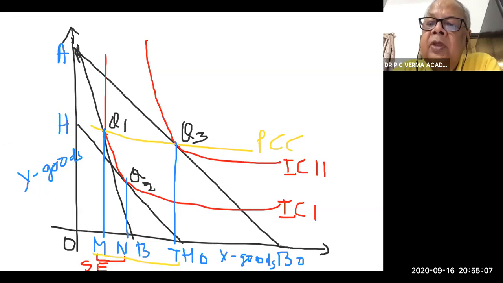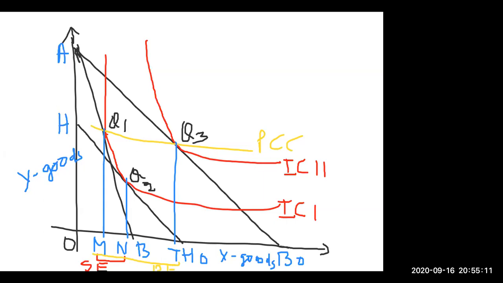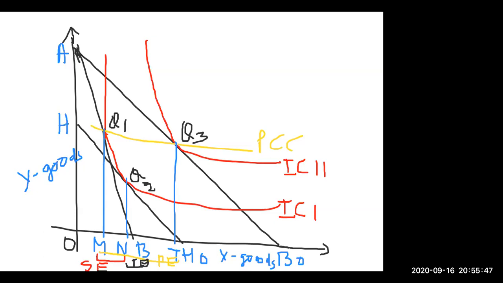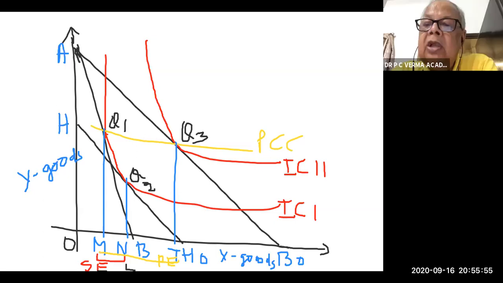This is called the price effect, PE. And this NT is equal to the income effect.